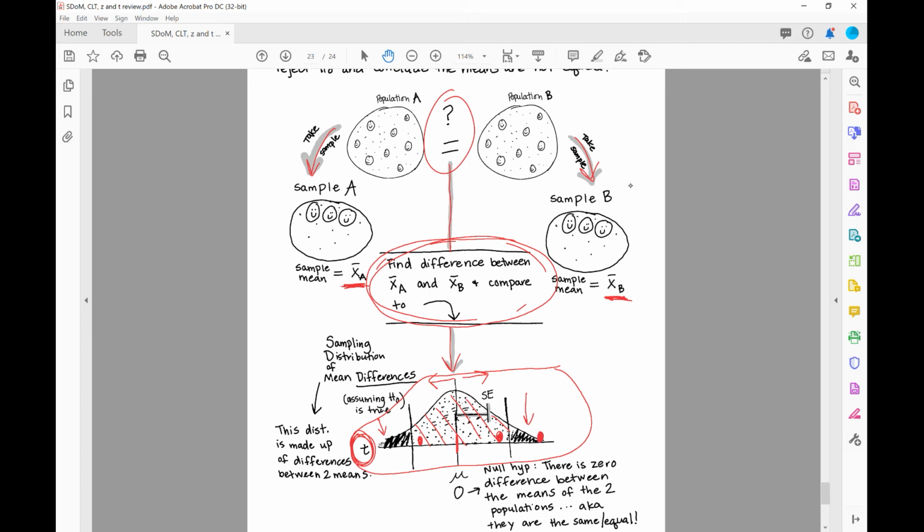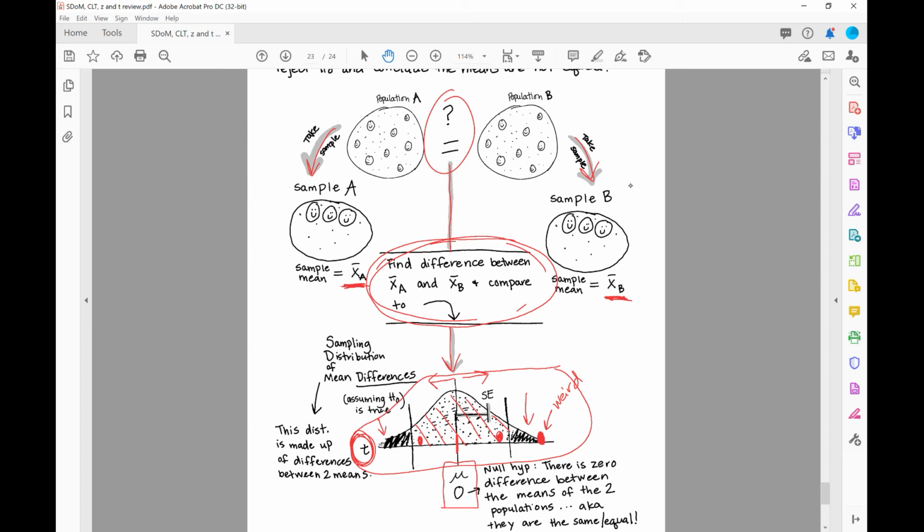It would be super weird to see a mean difference this big if those populations really were not different. Weird enough that we're going to say, I think there is a difference between these groups.